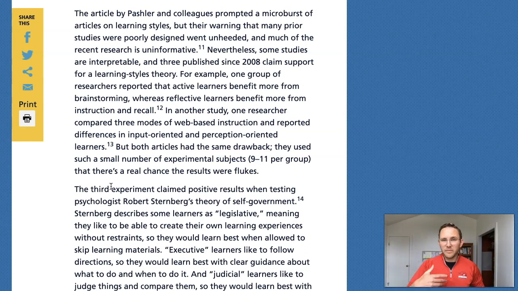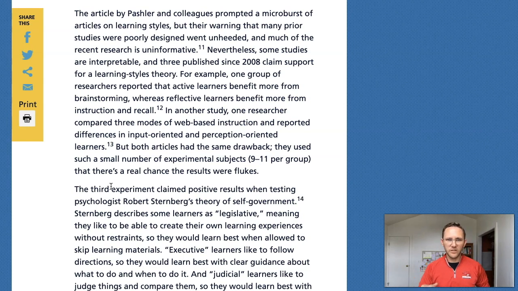So a big argument made by this Pashler article in the first decade of the 2000s is that the evidence for learning style theory is really weak, partially because the studies that support it are supposedly badly designed. They don't actually demonstrate that if you teach a student according to their learning style, the student will learn better.